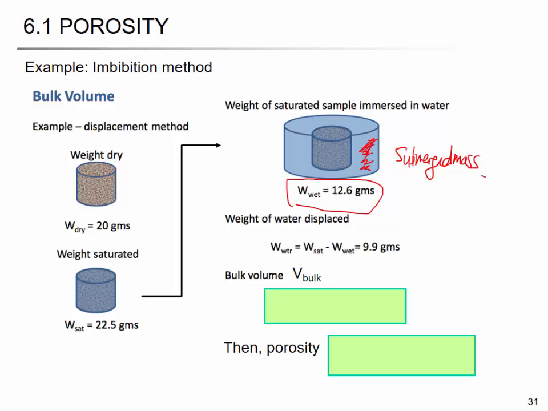And then the weight of the water displaced gives you the bulk volume. Does it make sense? So how much is the bulk volume? If the water density is 1 gram per milliliter, the bulk volume will be 9.9 cc, at 1 gram per cc.